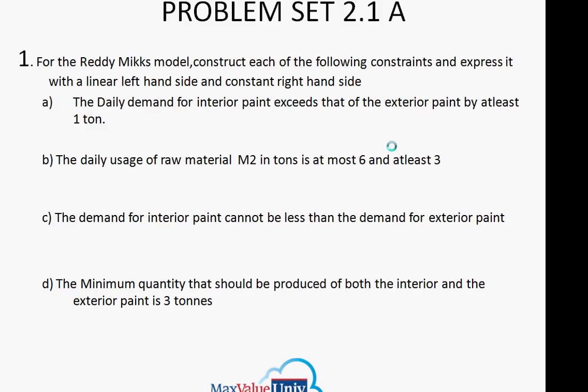For the same model, construct each of the following constraints and express it with a linear left hand side and a constant right hand side. The daily demand for interior paint exceeds that of the exterior paint by at least 1 ton.